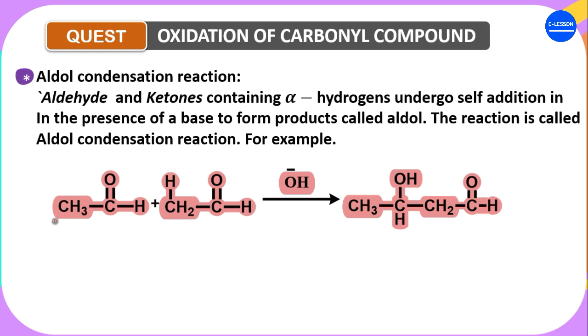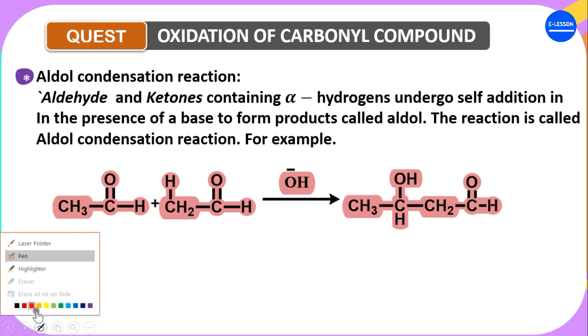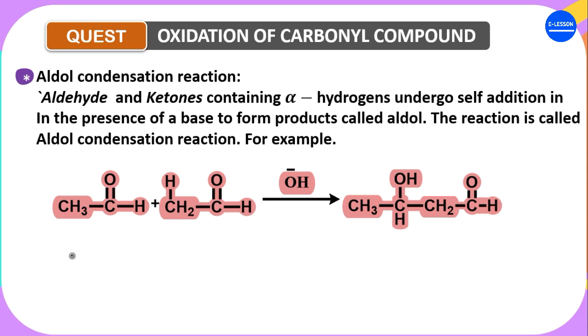Now, first of all, what is the aldehyde functional group? As students, we ought to know what the aldehyde functional group is and what the ketone functional group is. The aldehyde functional group is R, C double bond O, and then H. This is an aldehyde. And this, R, C double bond O, and then R, is what? Ketone. Where R is an alkyl group, which could be anything.